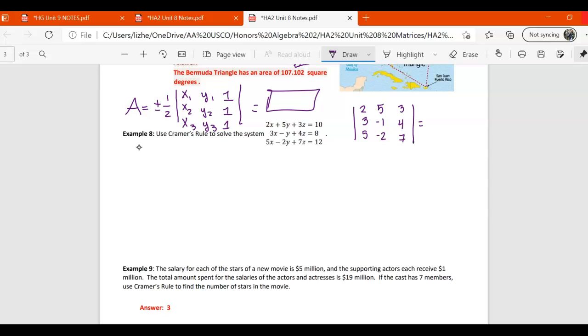And I want to find the determinant of that. So I'm going to go into my calculator, edit my matrix. I'm just entering the matrix right now, as you should be at home.